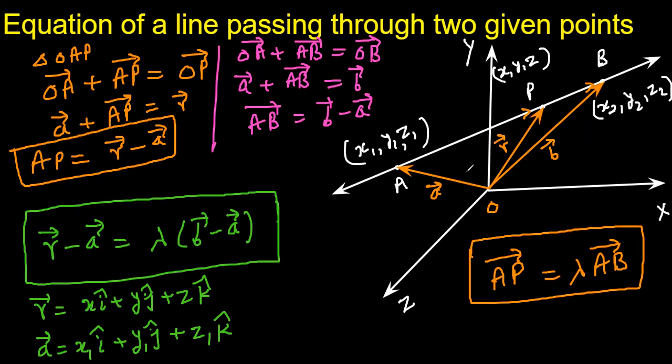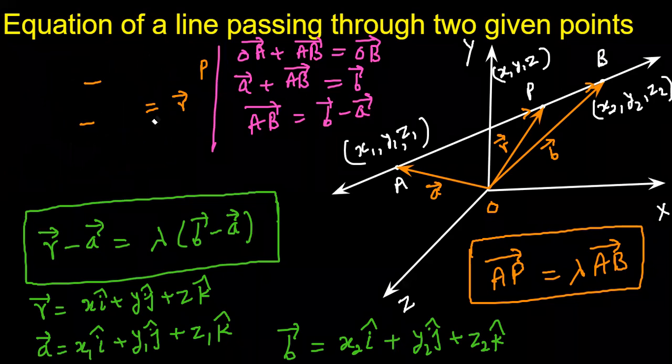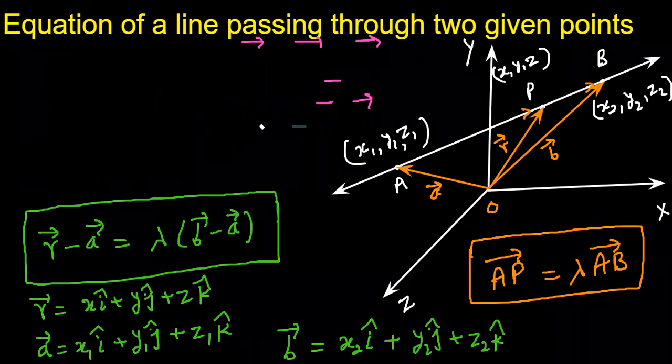Also, in place of vector b, we write x2 i cap plus y2 j cap plus z2 k cap. Simply, we are substituting the values of vectors a and b in this, and we want to write the Cartesian form now. The vector form is already written, so we will write the Cartesian equation of this line.